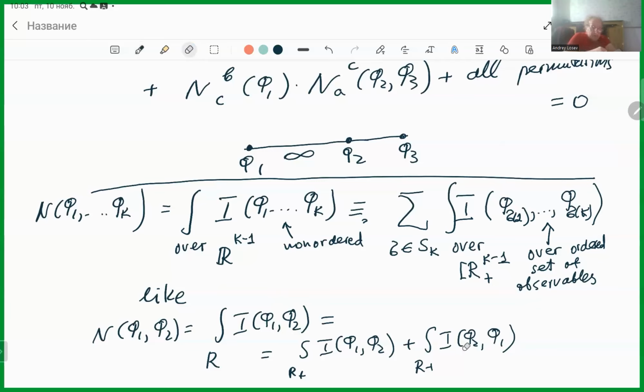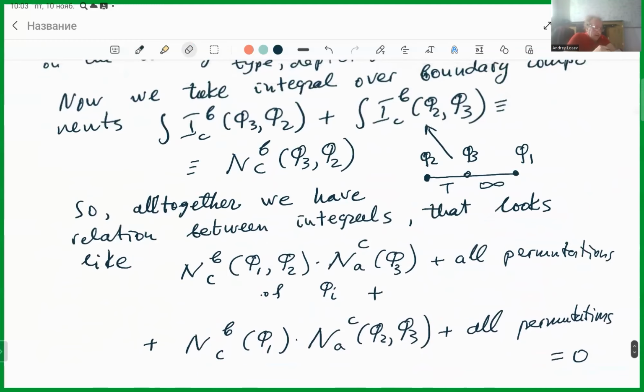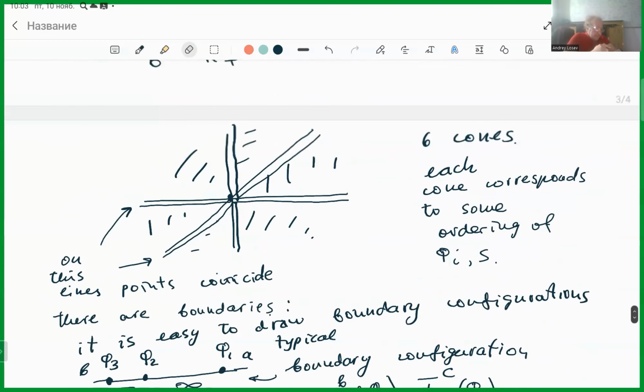And here is an example for k equals 2, and here is an example for k equals 3.